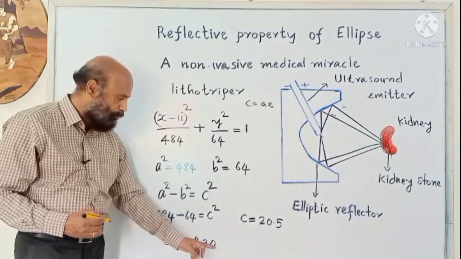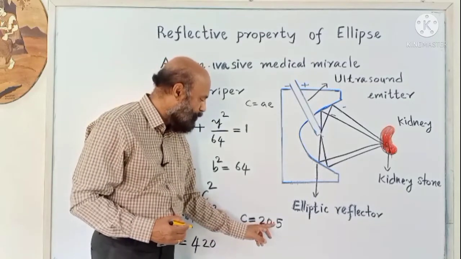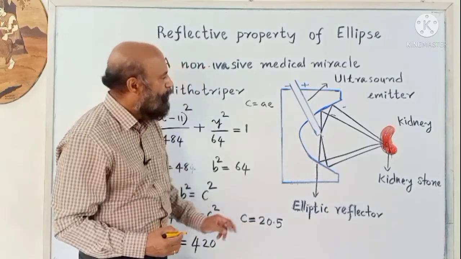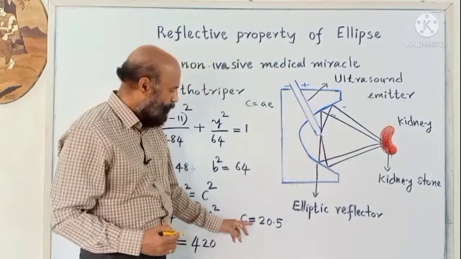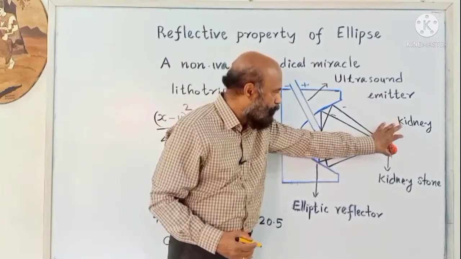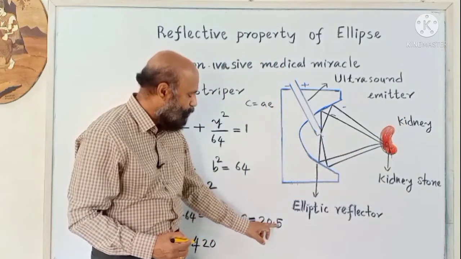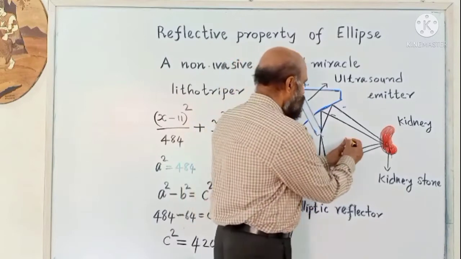C square is 420. When you take the square root, we get 20.5. So the kidney should be at 20.5 centimeter from the center.